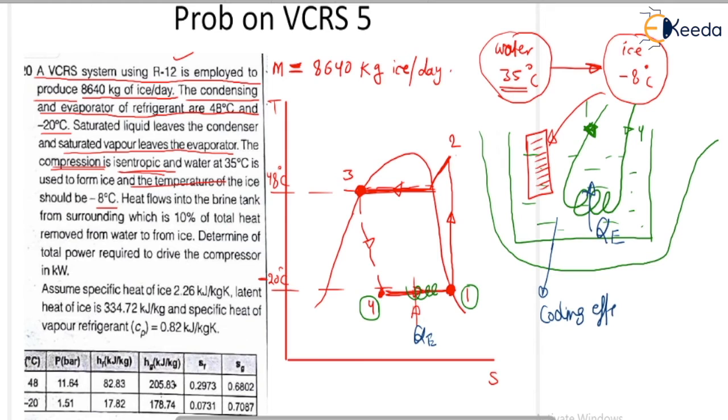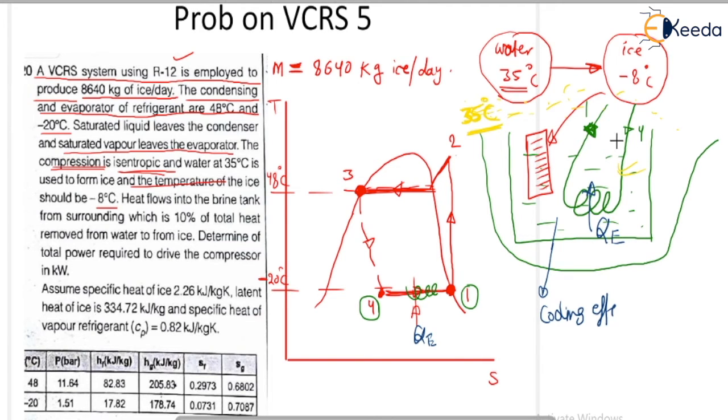This surrounding is nothing but 35 degrees Celsius, because from here you carry your water, and using this surrounding-temperature water, you form ice at minus 8 degrees Celsius by the evaporator effect.